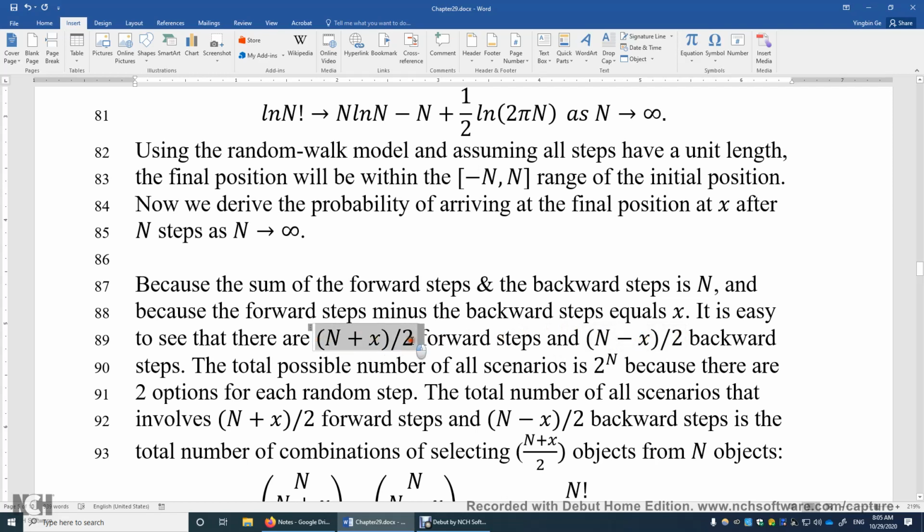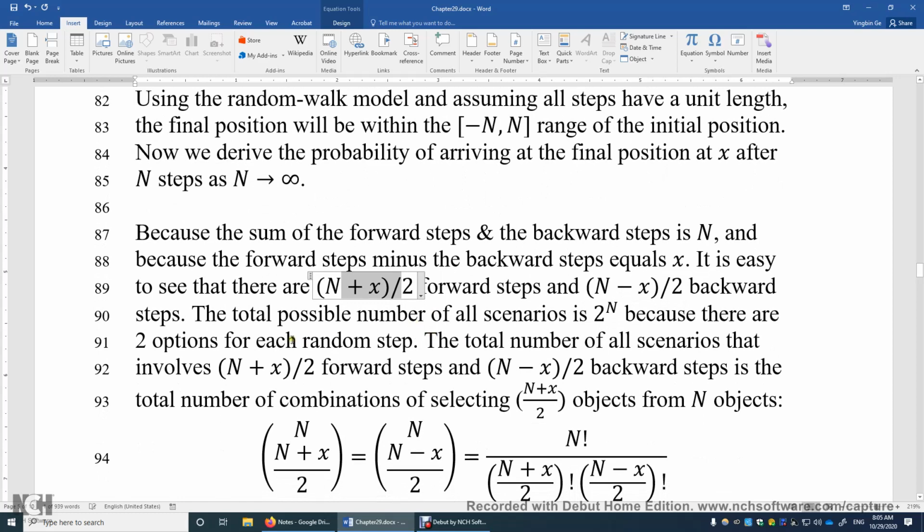So this is considered positive steps. This is considered negative steps. So the number of positive steps minus the number of negative steps is x. So overall, his position is x steps away from his initial position. And also, we can sum these two up. The sum of these two is the total number of steps n.